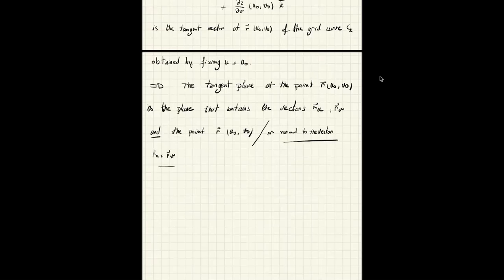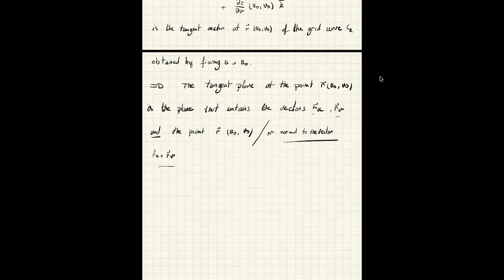Well, it depends on what you want. For example, if you want a parametric representation of the plane, this one will be useful. It contains r_u, r_v. If you want an algebraic one, we'll need the normal.